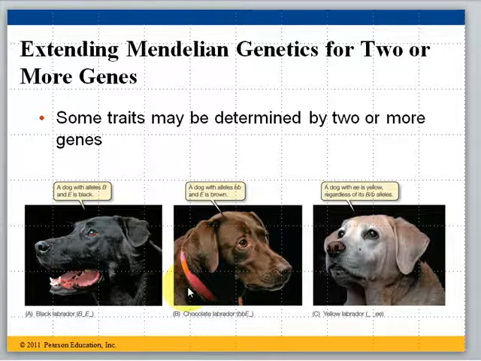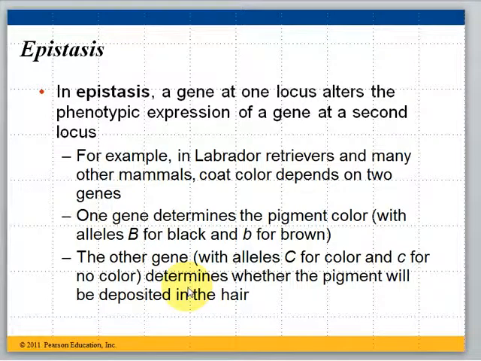You have 3 major varieties of Labrador: black Labradors, chocolate Labs, and yellow Labs. These colorations are actually determined by more than one gene. This particular variation is called epistasis. Epistasis is where a gene at one locus, one location, affects the phenotypic expression of a gene at a different locus, a second locus.